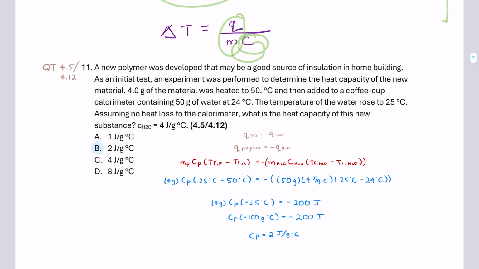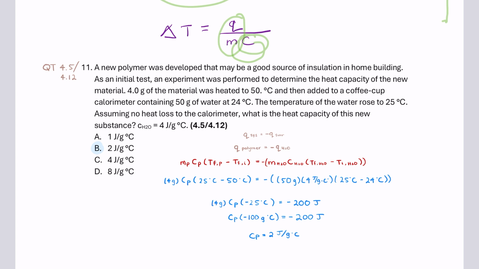11 says, a new polymer was developed that may be a good source of insulation in home building. As an initial test, an experiment was performed to determine the heat capacity of the new material. 4 grams of the material was heated to 50 degrees Celsius and then added to a coffee cup calorimeter containing 50 grams of water at 24 degrees Celsius.